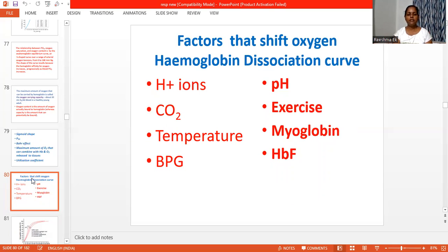Then pH, which means acidity or alkalinity. Then exercise, myoglobin, and fetal hemoglobin, HbF. These are the various factors affecting the association and dissociation of oxygen with hemoglobin.